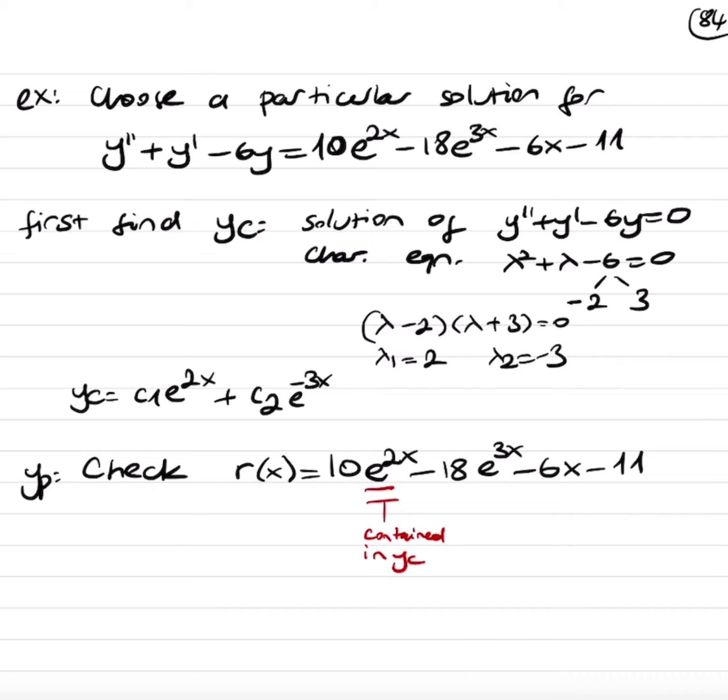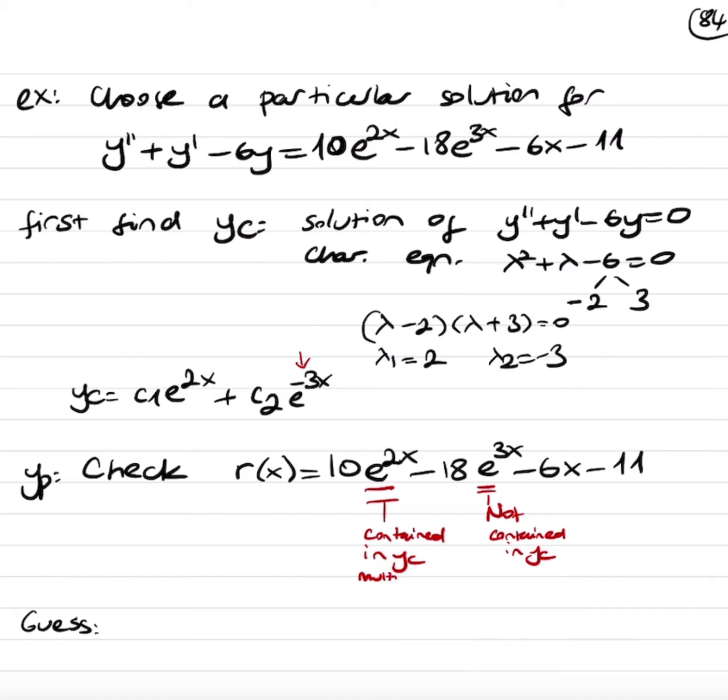Okay, I was doing it wrong. e to the power 3x is not contained in the complementary solution, because it is e to the power minus 3x there, but e to the power 2x is contained in y complementary.